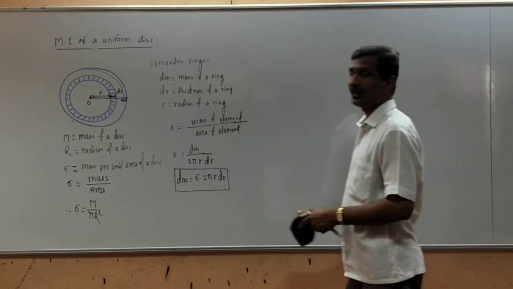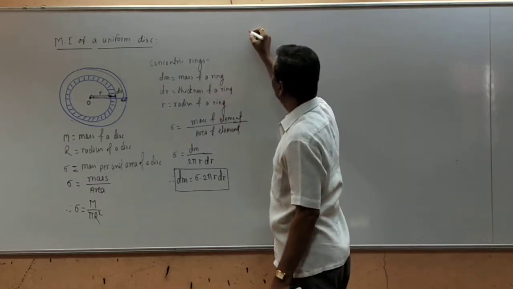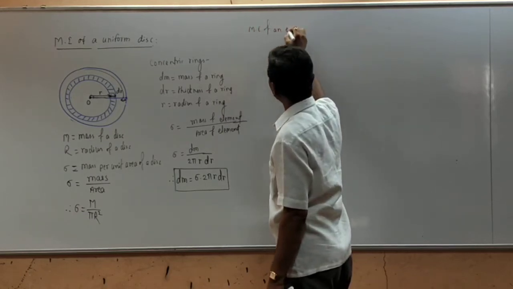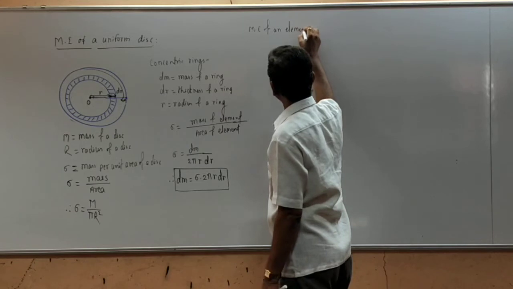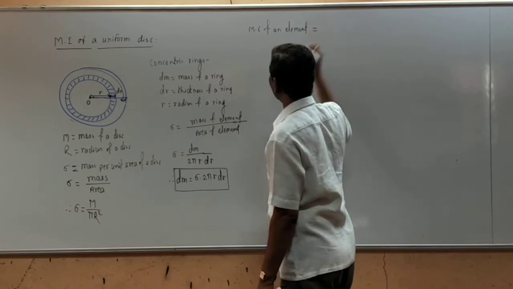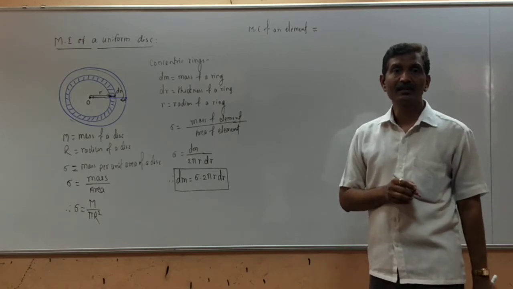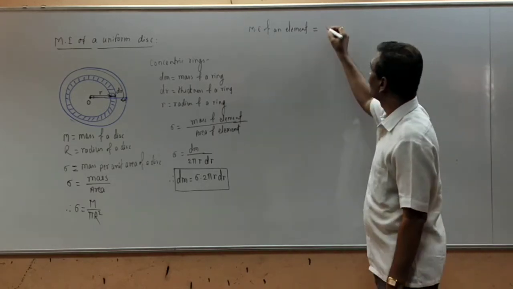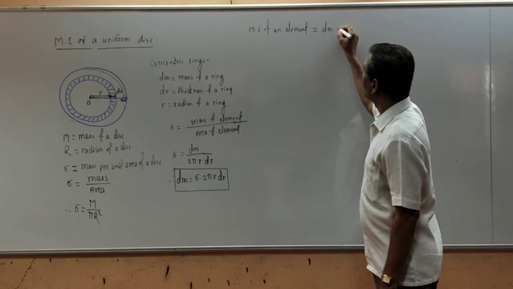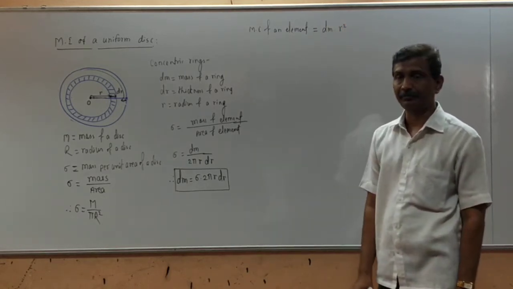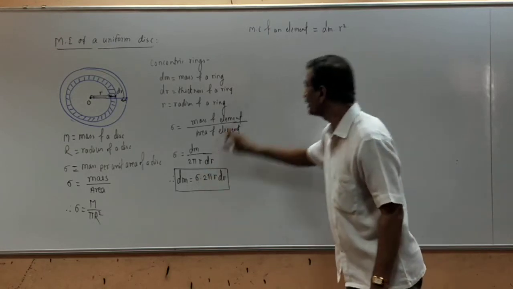So what is the moment of inertia of an element? Apply the definition. The moment of inertia of the element is the product of mass and the square of the distance from the axis of rotation. The mass is dm and the square of the distance from the axis of rotation is r square. Put the value of dm here.